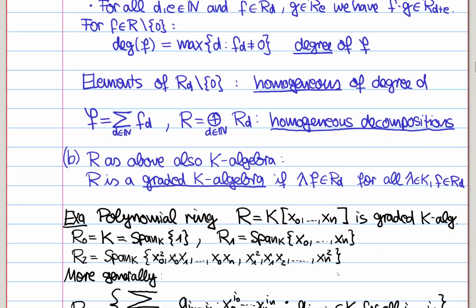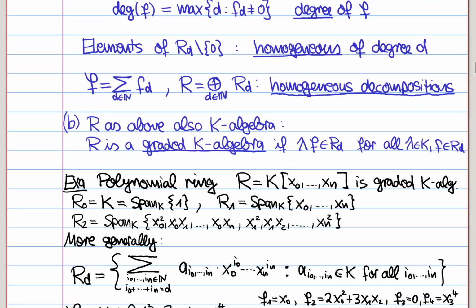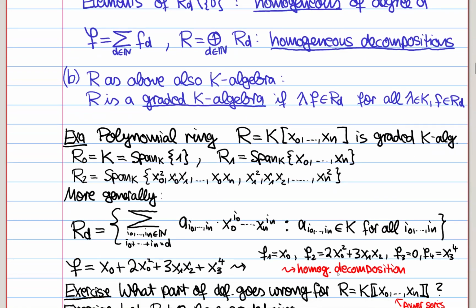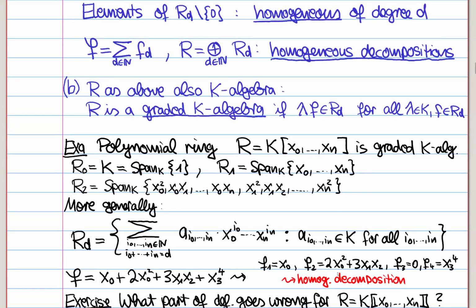And the main example for us will be the polynomial ring in n plus 1 variables, which we always call x_0 up to x_n, because this makes a lot of the indices much nicer behaved than going from 1 to n plus 1.